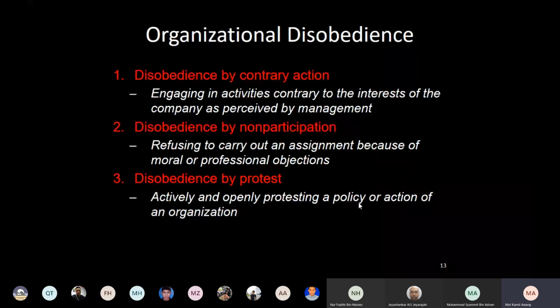The second type of disobedience is disobedience by non-participation. You refuse to carry out an assignment because of moral or professional objections. You decided not to do it.